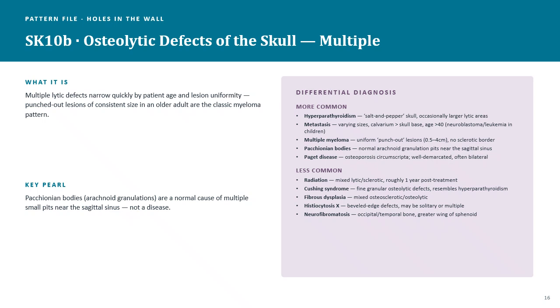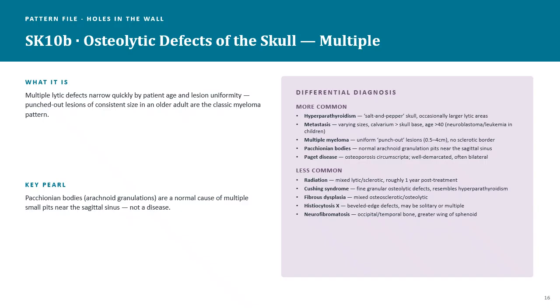So one of the most important patterns to recognize for this particular condition is multiple myeloma. When we see multiple myeloma on imaging, typically it's going to produce punched out lesions that look like someone just punched a lot of holes throughout the patient's skull.